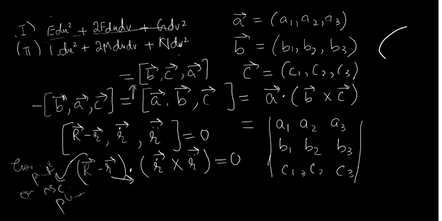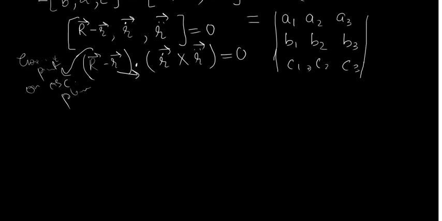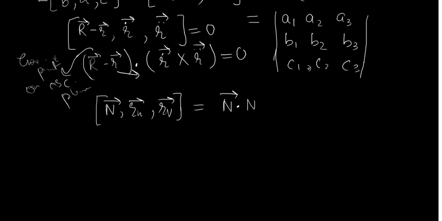I hope you will go through it again. Okay, for our surface, if I want to evaluate the triple scalar product n, r sub u, r sub v, this is, as per my definition written above, n dot ru cross rv.